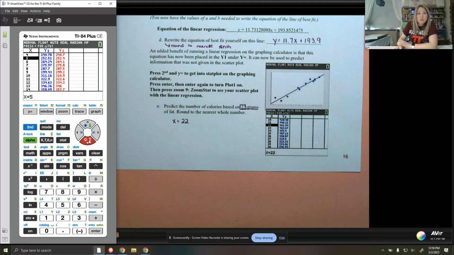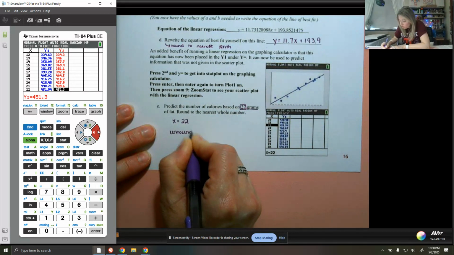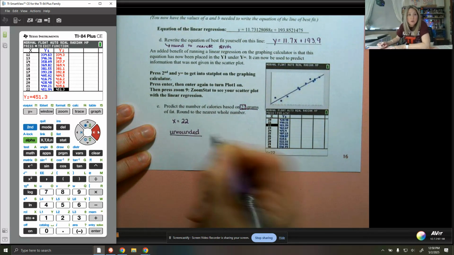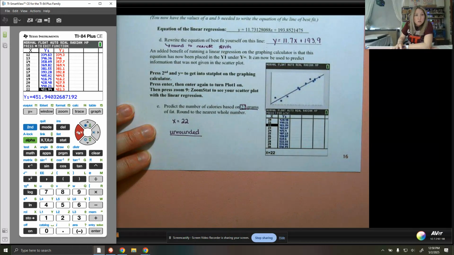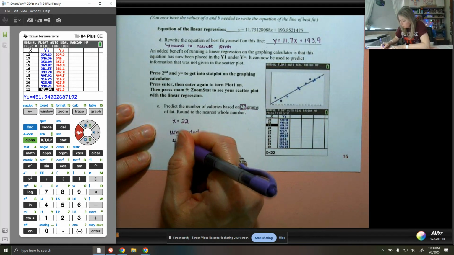But if I want to look at an X value of 22, and I want to look at the unrounded version versus the rounded version, they are really close, aren't they? So unrounded, so as is, it is 451.9, let's say.